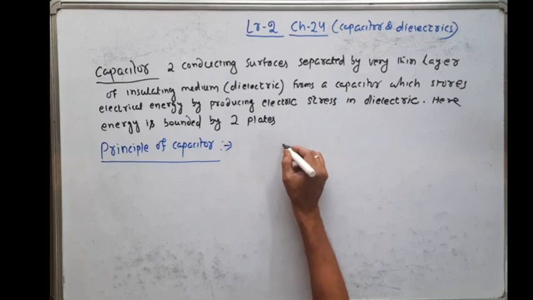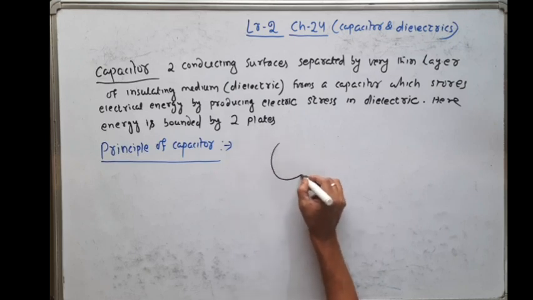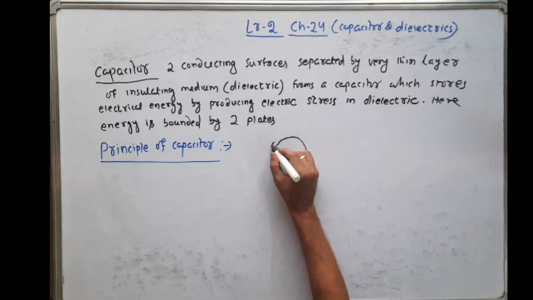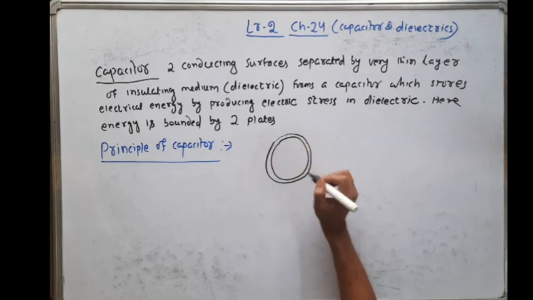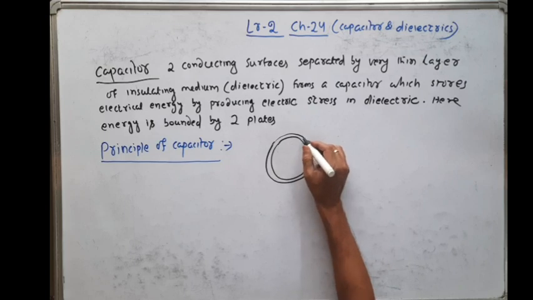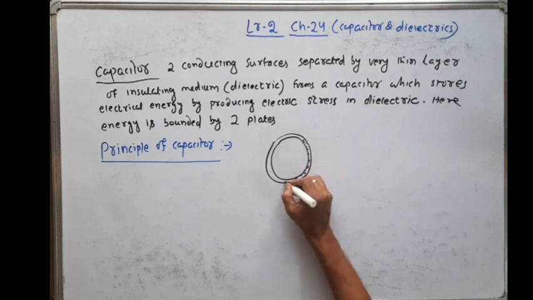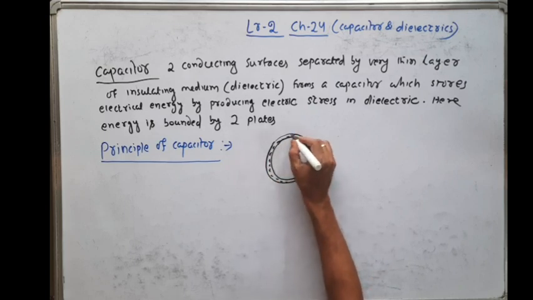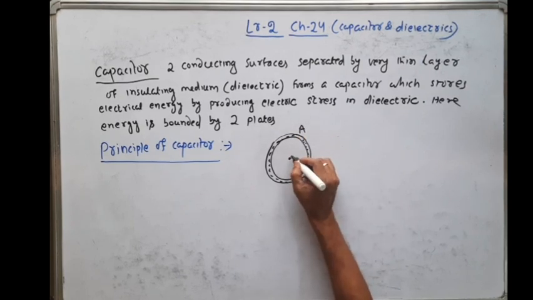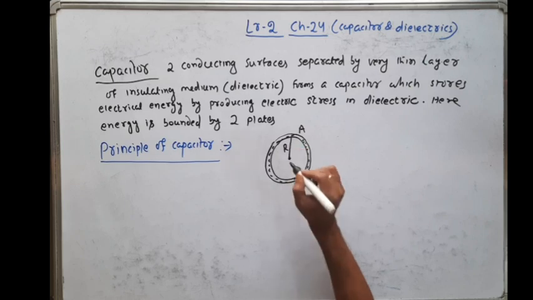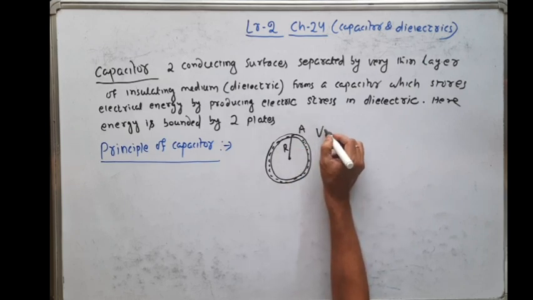Suppose this is a thin spherical shell, only a single conductor, not two. Let us say the radius of this conductor A is a. So what is the potential?